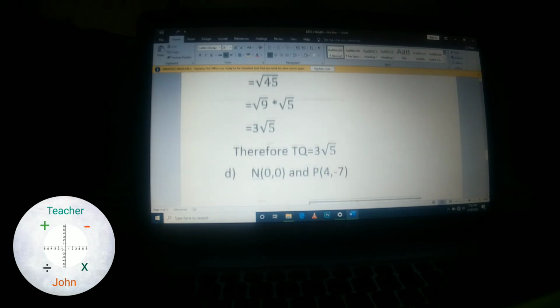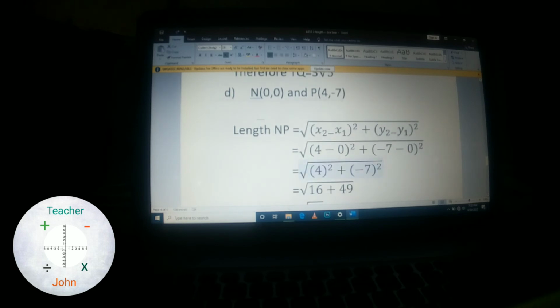And when we look at this example, we are given D 0, 0 and P 4, -7. We also put in the same equation, which is this. We come here and we replace the x2, x1, y2, y1. We get 4 minus 0, which is 4.